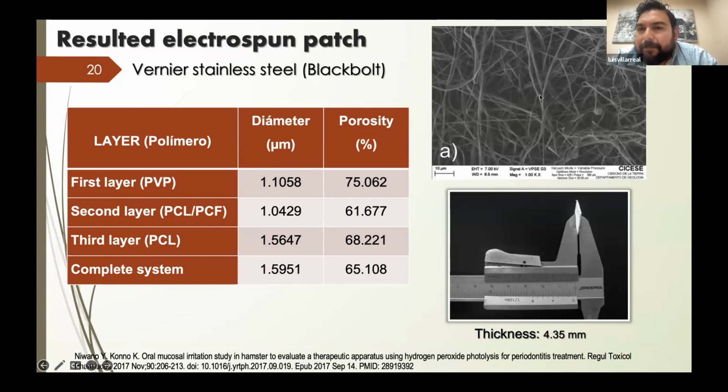In a scanning electron microscopy picture, you can see the fibers like this. Here you can find some thicker fibers and some thinner fibers. We can still optimize this morphology to have similar diameters.